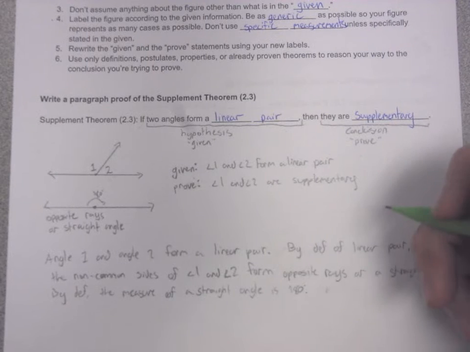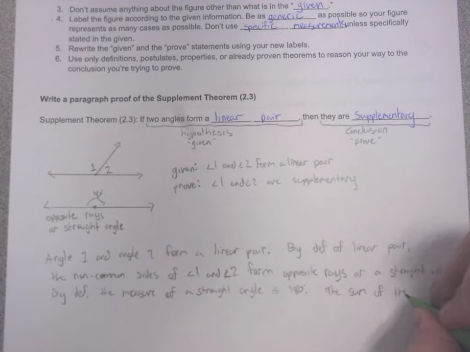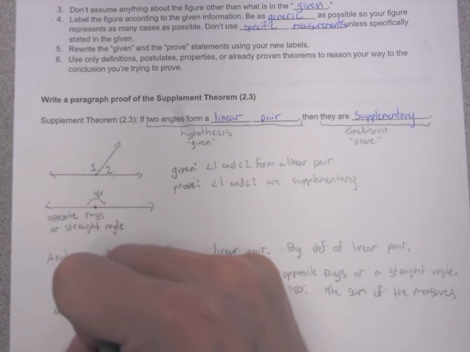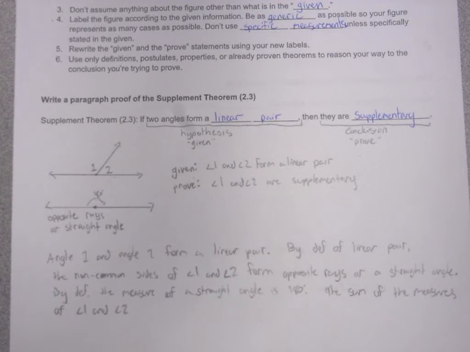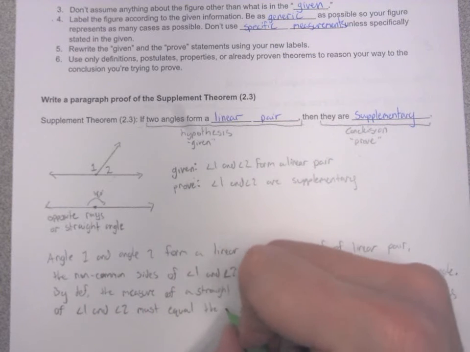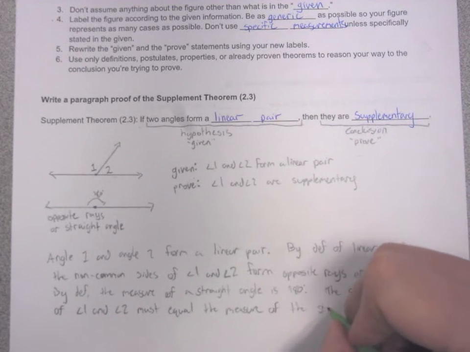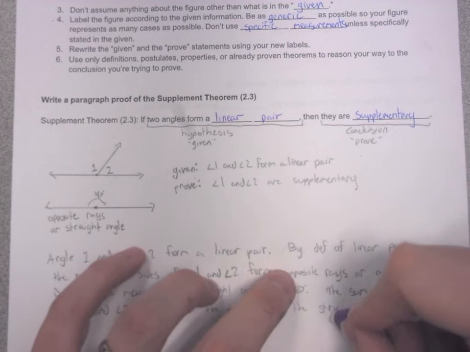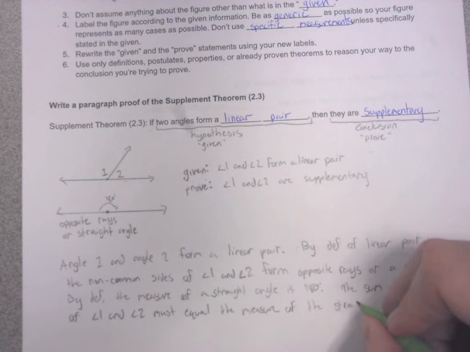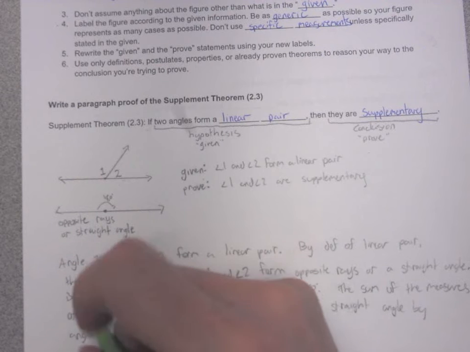So what we want to say is the sum of the measures of angle 1 and angle 2 must equal the measure of the straight angle, and then we want to put y, and that's the angle addition postulate we talked about last week.